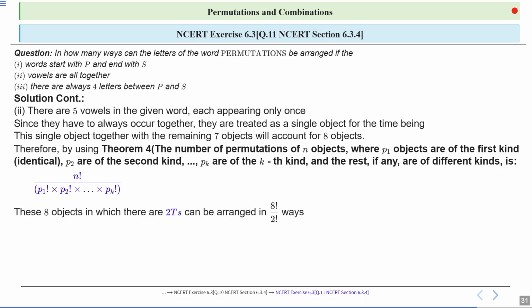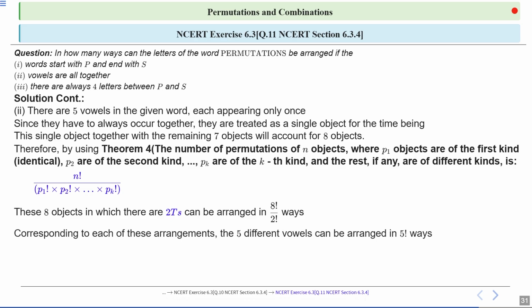Applying this formula, these 8 objects in which there are 2 T's can be arranged in 8 factorial upon 2 factorial ways. Corresponding to each of these arrangements, the 5 different vowels can be arranged in 5 factorial ways.